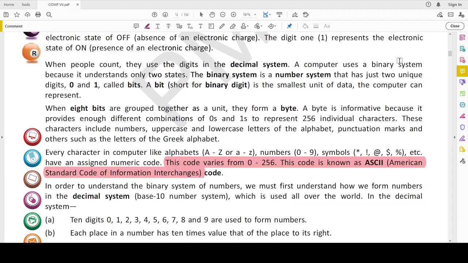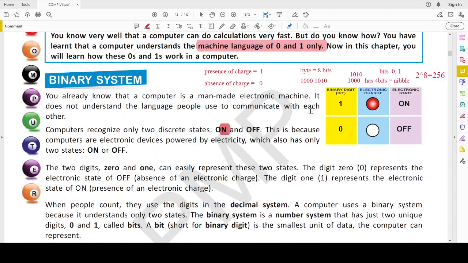These characters include numbers, uppercase and lowercase letters of the alphabet, punctuation marks, and others such as letters of the Greek alphabet. So how did you get this number 256? 2 to the power 8 is equal to 256. Why 2 and why 8?